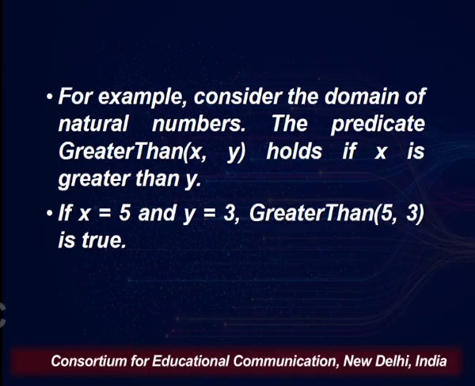So, if x is equal to 5 and y is equal to 3, then greater than 5 comma 3 is true. If the values are opposite, that means x is equal to 3 and y is equal to 5, then greater than x comma y does not hold true, that means it is false.